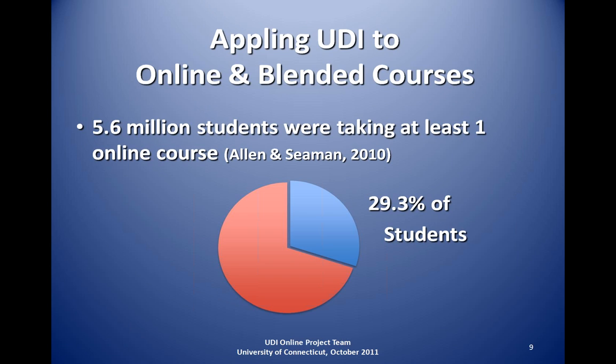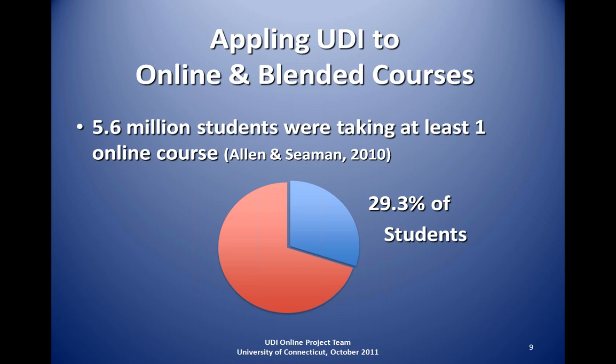At the same time that our student population is changing, we are seeing an increase in the numbers of online courses being offered and students taking those courses. According to Allen and Seaman, over 5.6 million students were taking at least one online course during the fall 2009 term, which means almost 1/3 of all our college students now take at least one online course during any given semester.